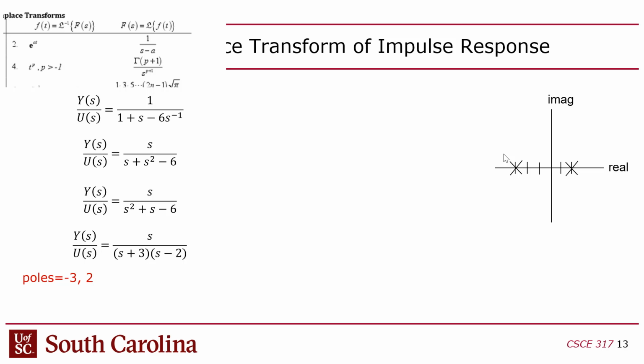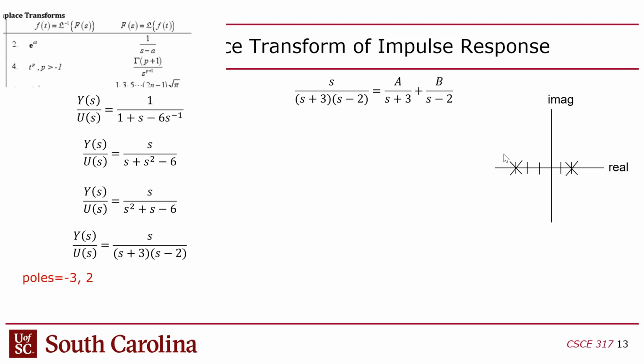Right? So the goal is, can we get this in this form? And we can. Well, sometimes we can. It depends. You'll notice here that this polynomial, s squared plus s minus 6, is a second order polynomial, and it has two unique roots, right?